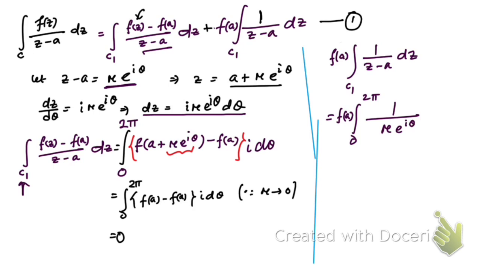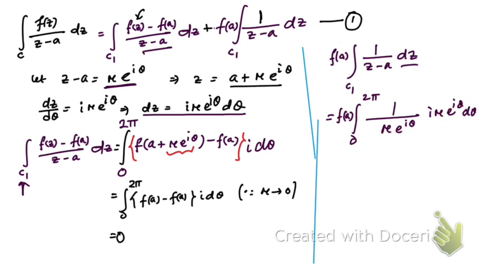Then dz will be i r e to the power i theta d theta. That's what we have got. These two cancel, right? Here the i can be taken out.